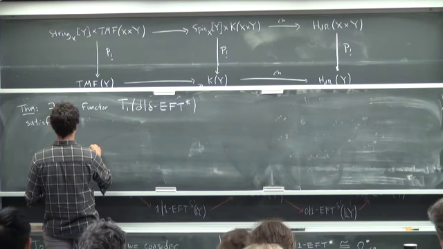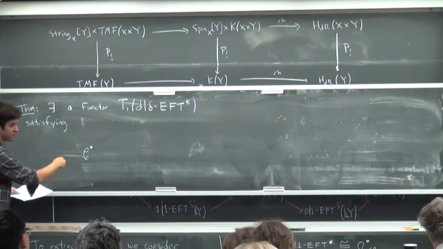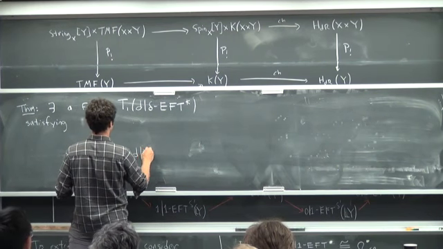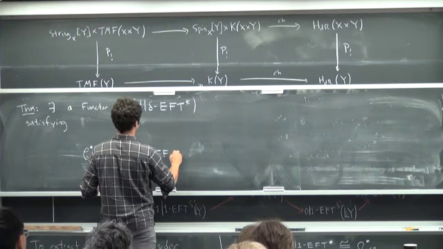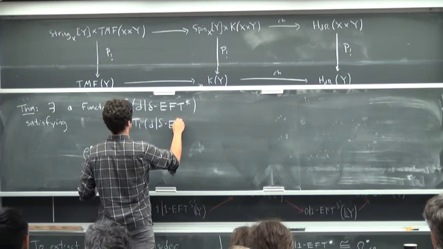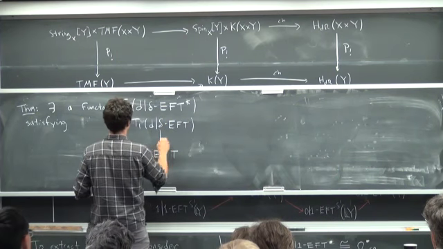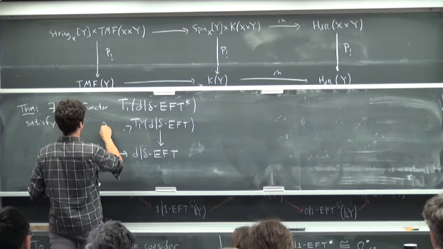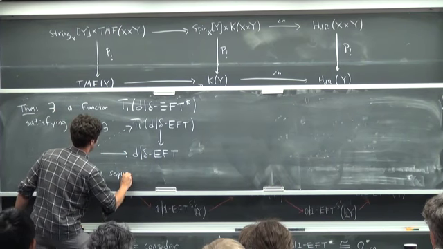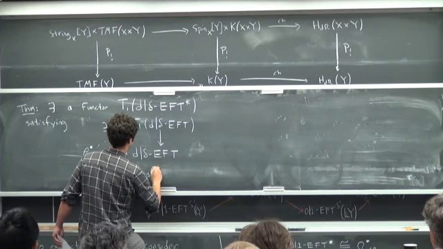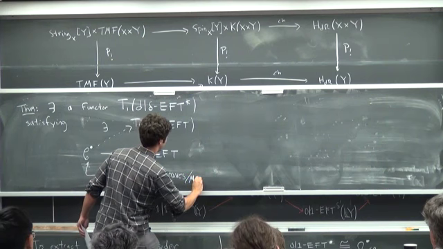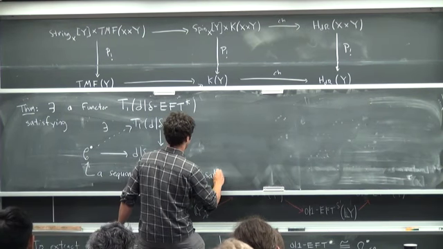For any sequence of sheaves over manifolds satisfying Mayer-Vietoris, with a map to d delta Euclidean field theories, first I have that this thing lives over that guy, and that there exists a unique lift.